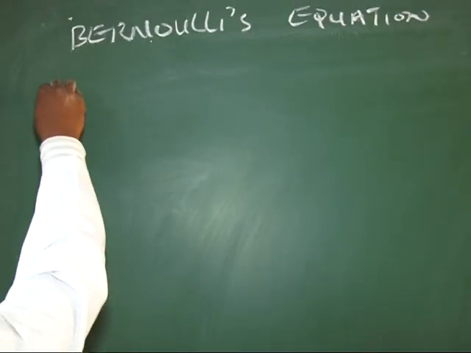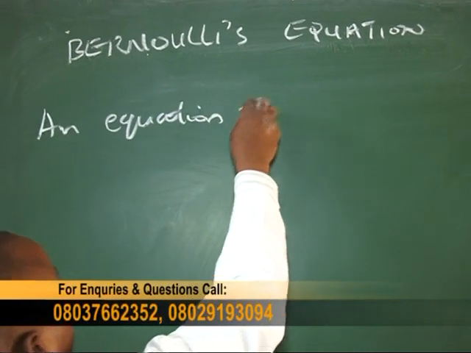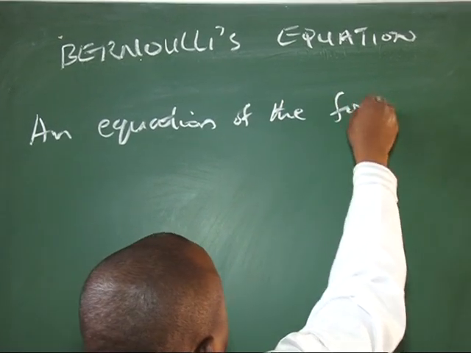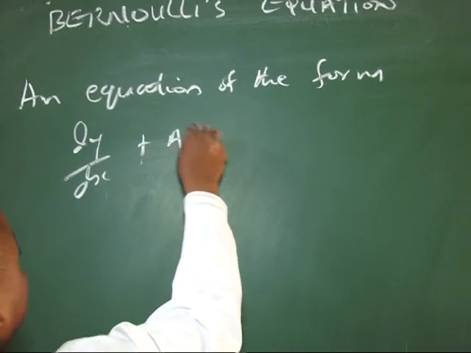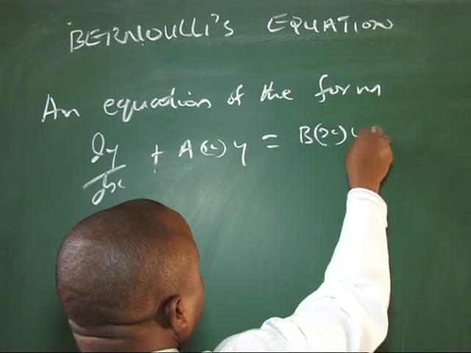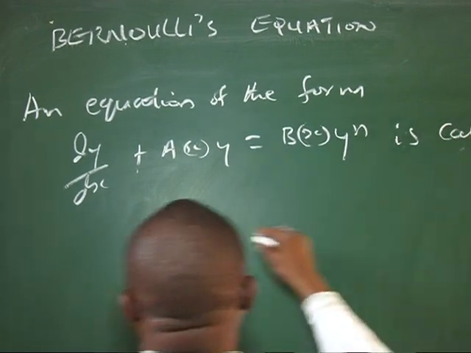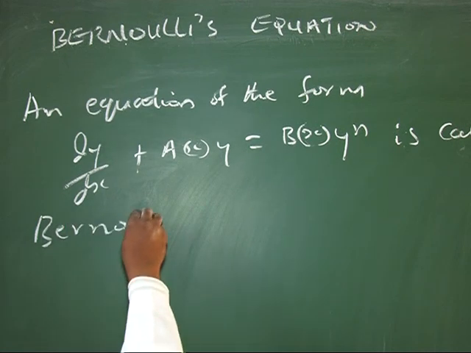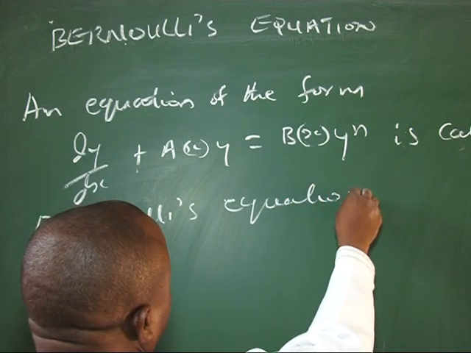The next subtopic is Bernoulli's equation. An equation of the form dy/dx plus a(x)y is equal to b(x)y raised to n is called Bernoulli's equation.